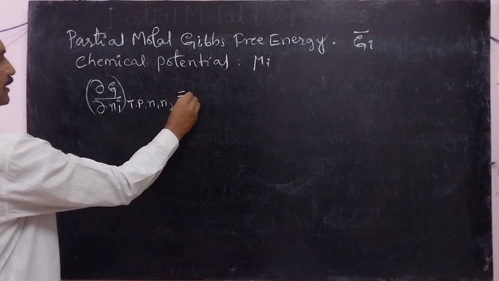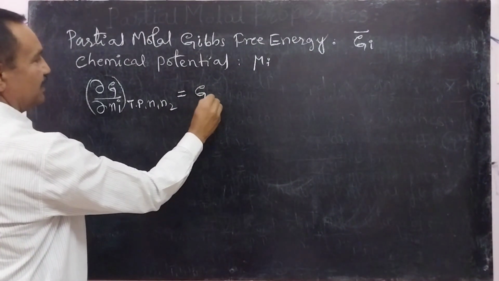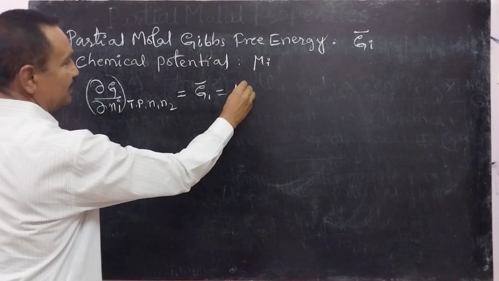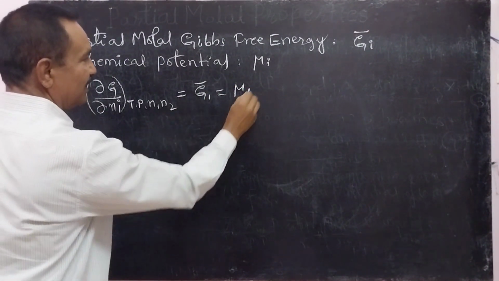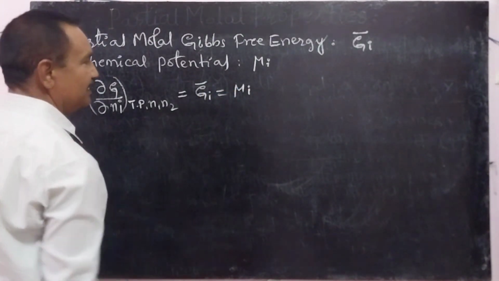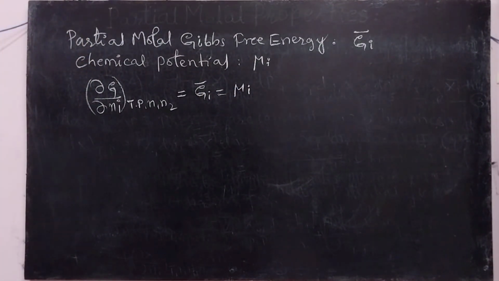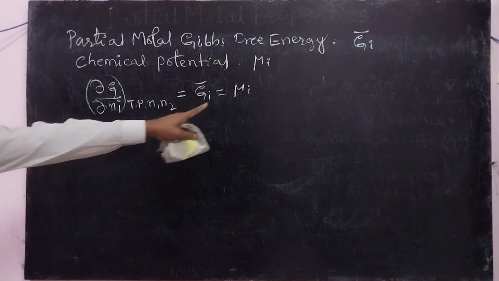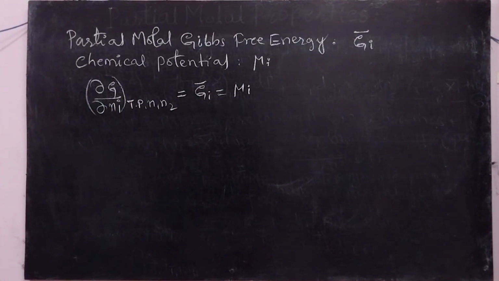This is represented as G i bar, or mu i. Mu is the chemical potential.